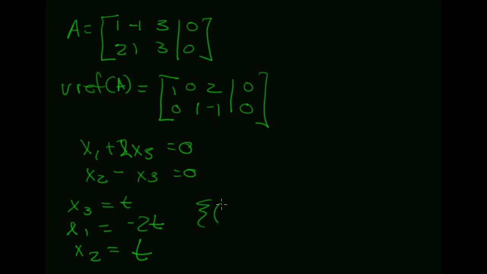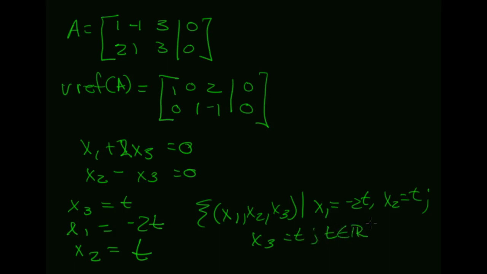Alright, so this means that the solution set (x1, x2, x3), such that x1 is equal to negative 2t, x2 is equal to t, and x3 is equal to t, given that t is an element of the real numbers, is the solution set, but there's an infinite number of solutions.